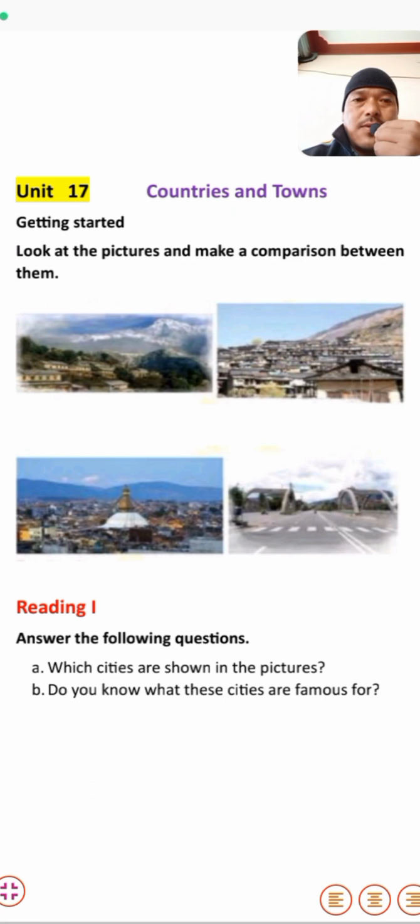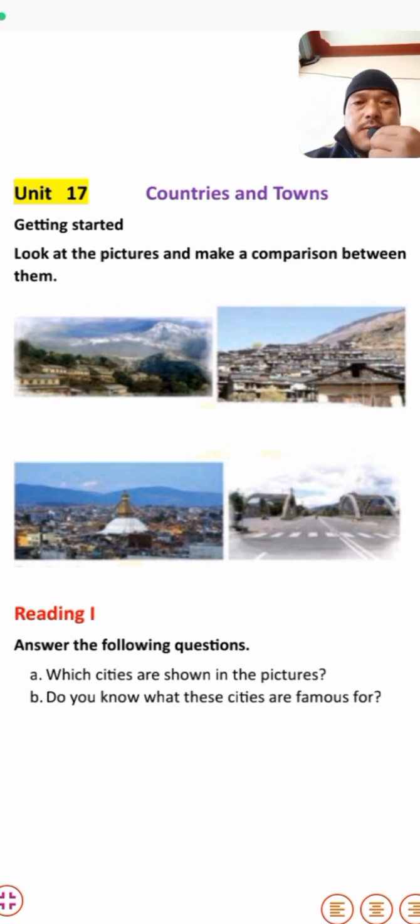In these pictures, we can see old houses where the traditional way of construction was used, and there is no modern technology applied in the construction of the houses. In the first picture, we can see very few houses.